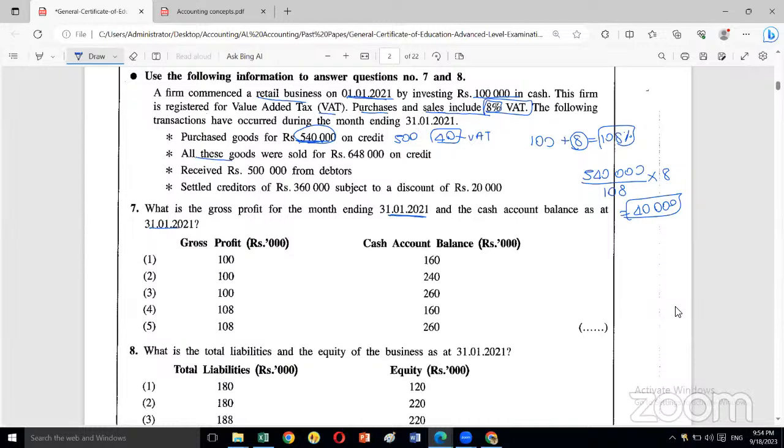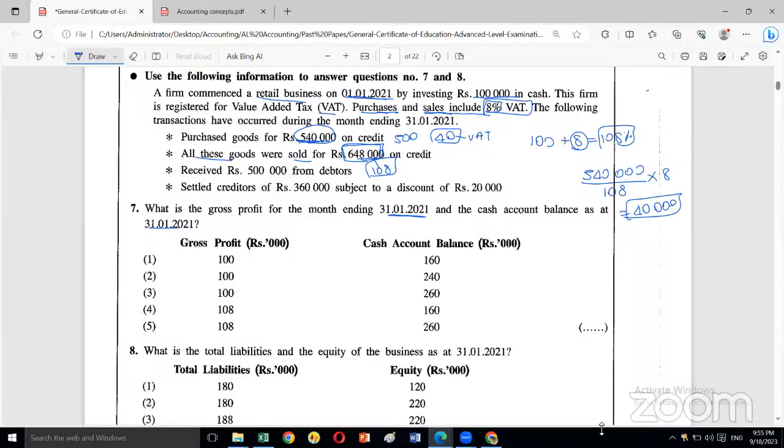All these goods were sold for 648. But remember, I said this one also includes VAT. They said purchases and sales include VAT. That means this 648,000 is equal to 108%. Now I want to find the VAT. I know 648,000 is equal to 108%.